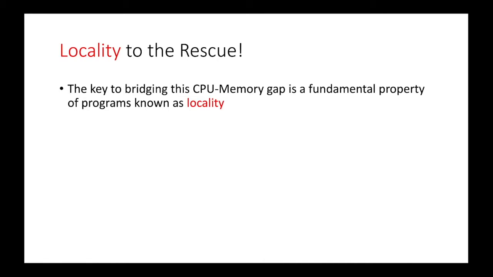The solution was hinted from the property of a program called locality. Good programs tend to have better locality, which we can take advantage of to bridge this CPU memory performance gap.